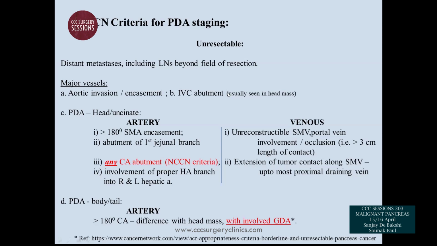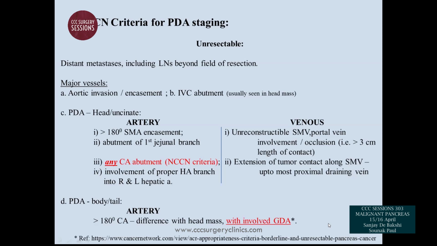If it is in the body and tail of the pancreas and there is an encasement of the celiac artery with involvement of the gastroduodenal artery, so much so that the celiac artery is not resectable, as the hepatic arterial supply cannot be supplanted from the superior mesenteric via the gastroduodenal artery, then it is an unresectable tumor of the body and tail.